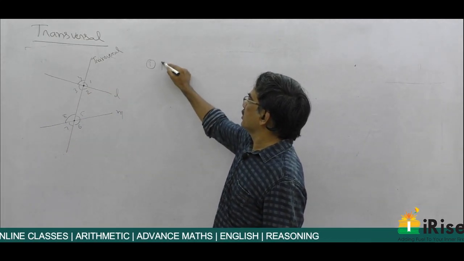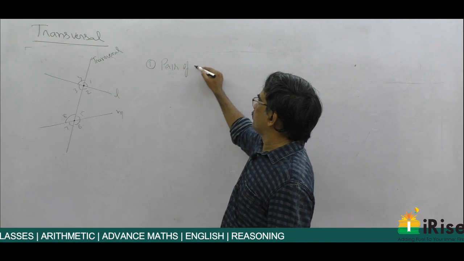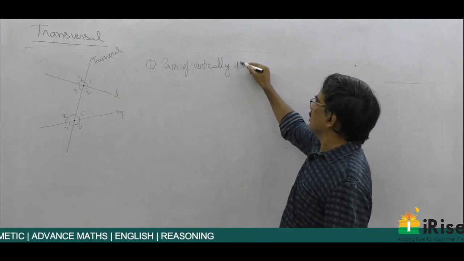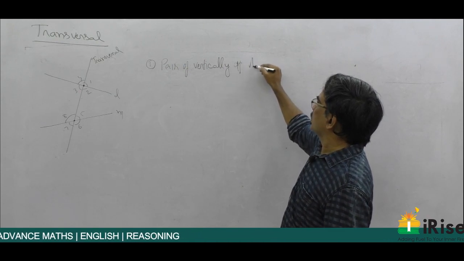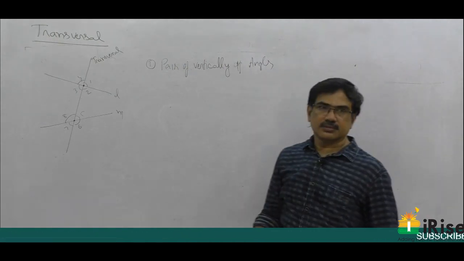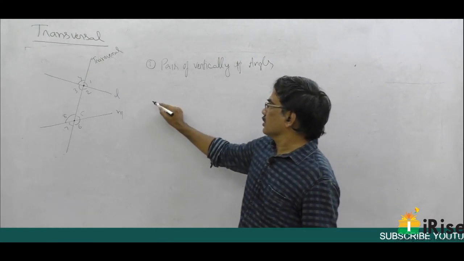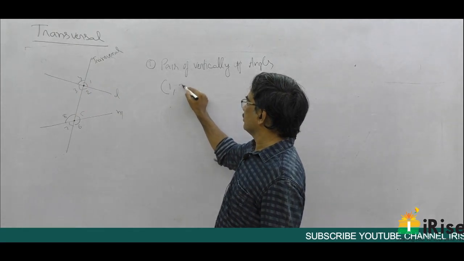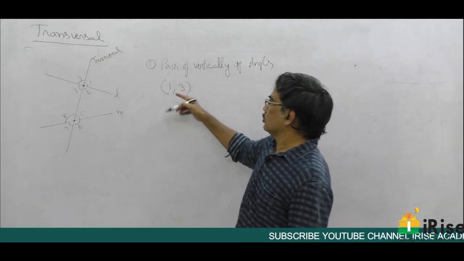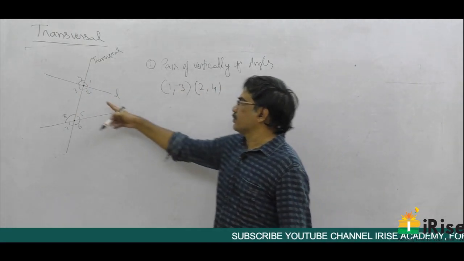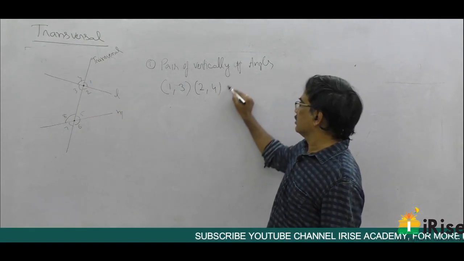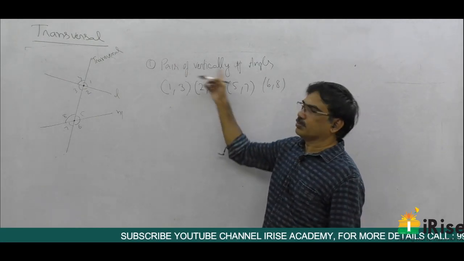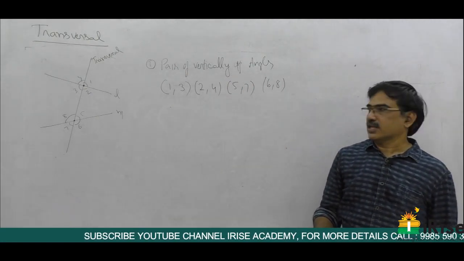One is a pair of vertically opposite angles. What are pairs of vertically opposite angles? 1, 3 is a pair. 2, 4 is a pair. 5 comma 7, 6 comma 8. These are all pairs of vertically opposite angles.